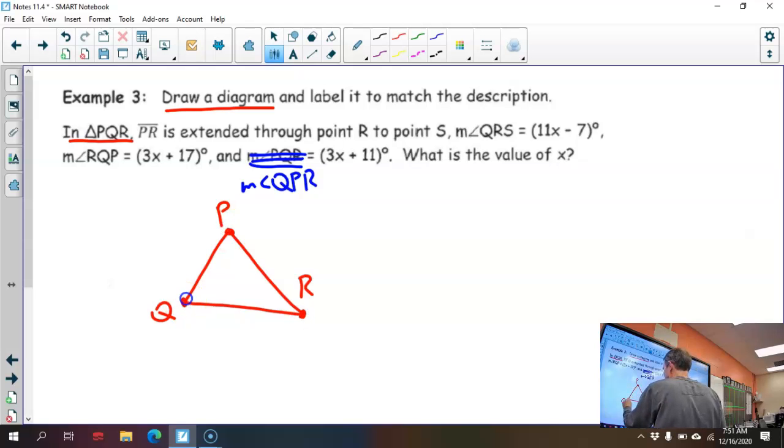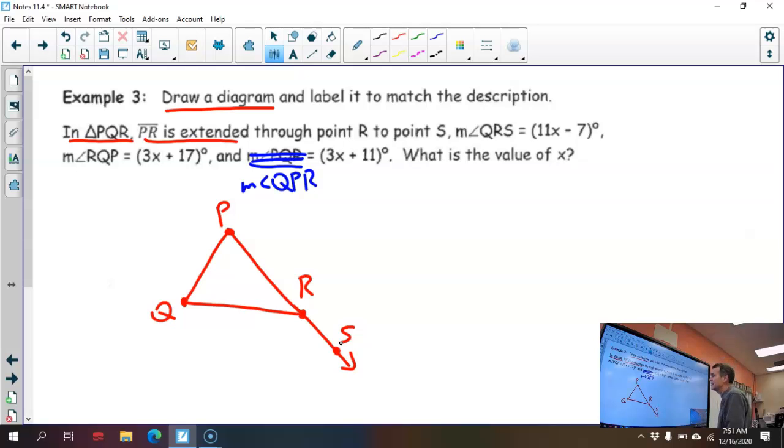I like to put little dots at the corners. Okay. And it says that PR is extended. So let me take side PR and go ahead and extend it through R to point S. Ooh, I'm supposed to put another point down here, S. So I've taken side PR and I've extended it through to point S.